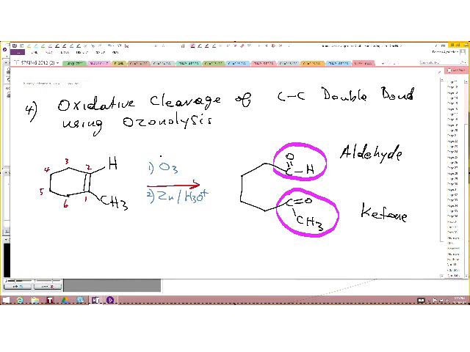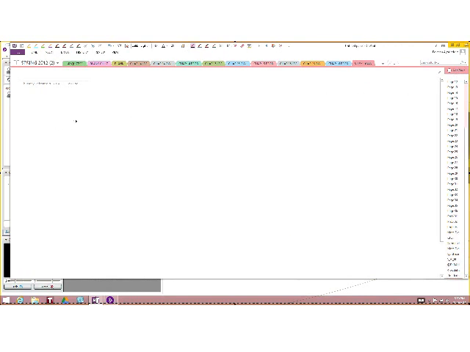So you could imagine all kinds of possibilities. Another possibility would be, for example, if we have this. Supposing I do step 1, ozone, and step 2, zinc in dilute acid.